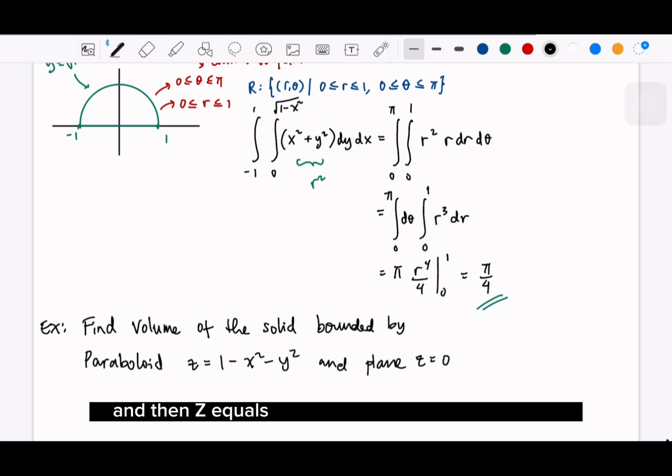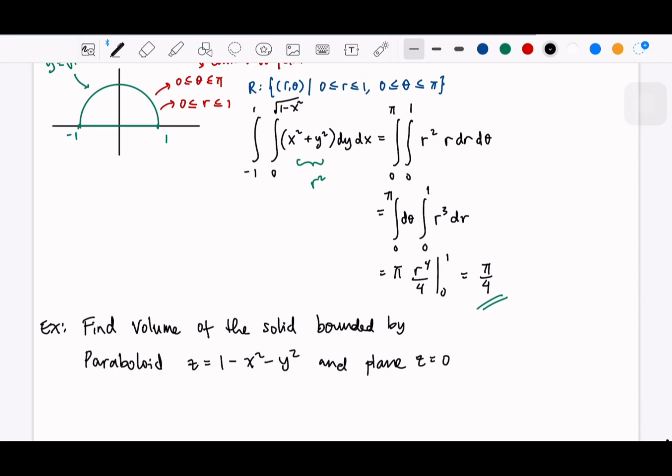And then z equals 0, so you just have the ground. So the paraboloid will be sliced at z equals 0. You have it like this, and this is z equals 0.